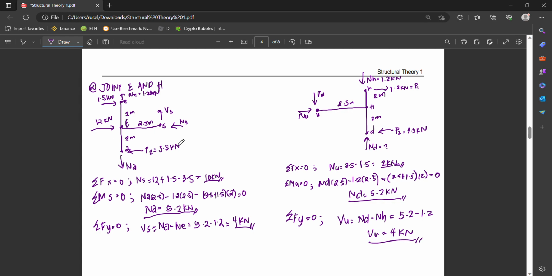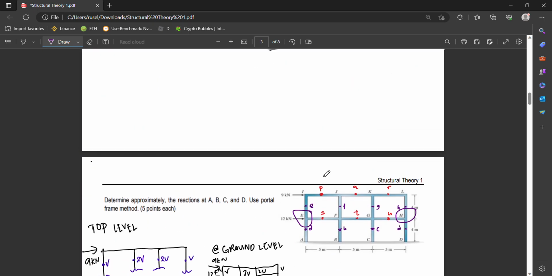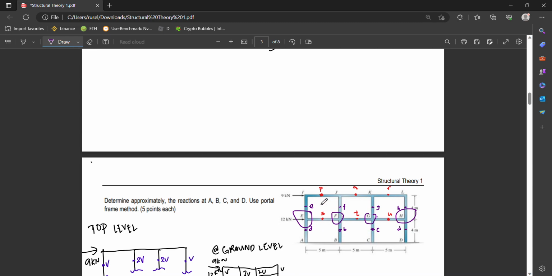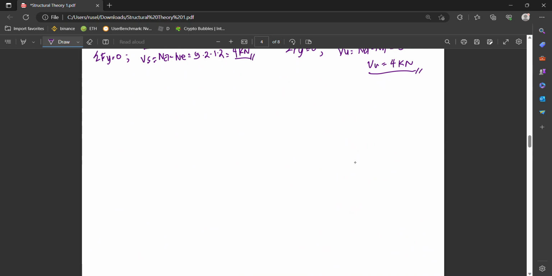Pagtapos natin sa EF, EH, sa FG naman tayo. Dito naman tayo kukuha. Okay? At joint F and G. Consider the joint F and joint G. Okay.